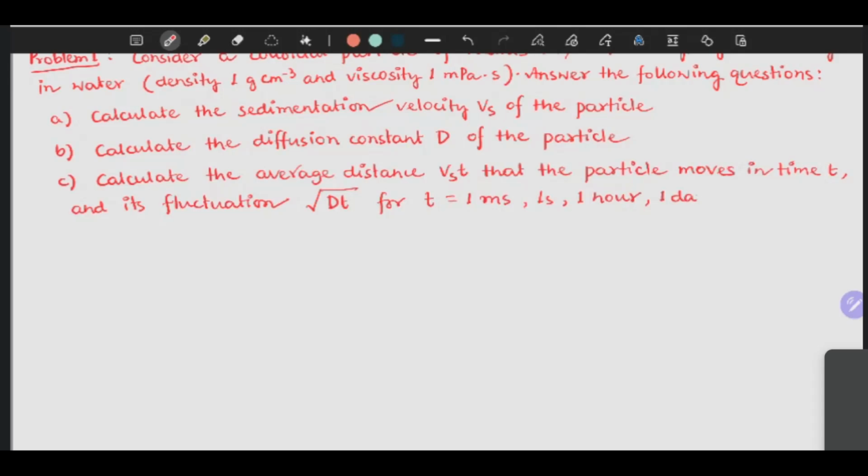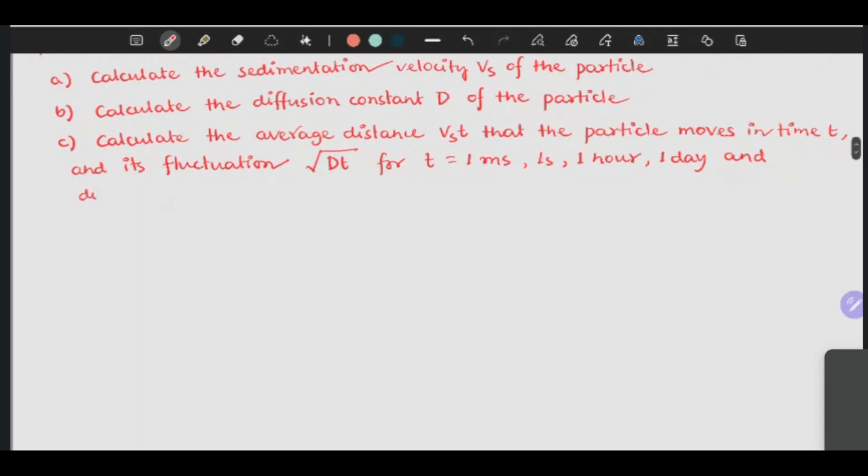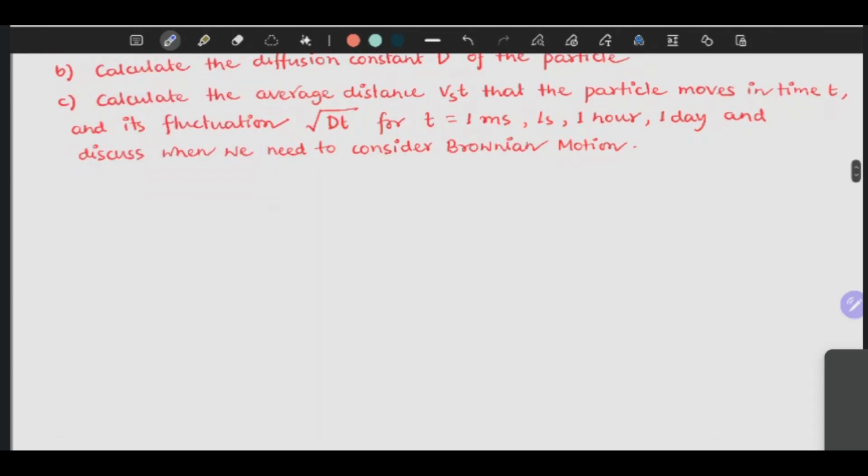So there are 4 different time scales, and discuss when we need to consider Brownian motion. Now let's solve it.